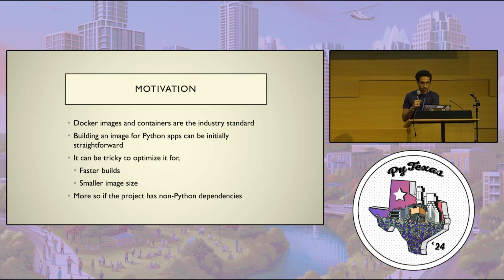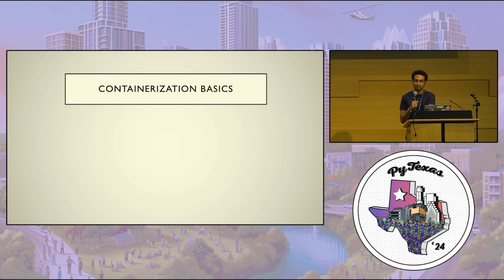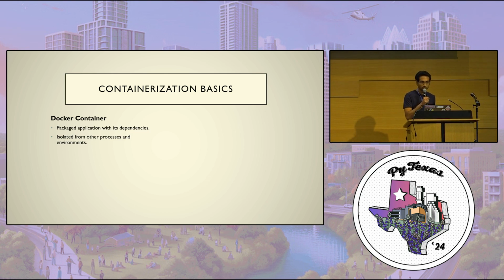Let's go over a little bit about the basics of what a container is. We'll just skim through it, since I'm sure many people know about it. A container is basically about packaging the application with all of its files, configs, and dependencies, and running that in isolation. That's all it is.